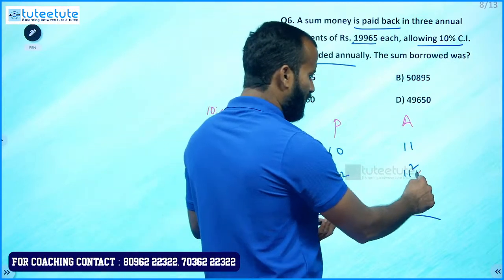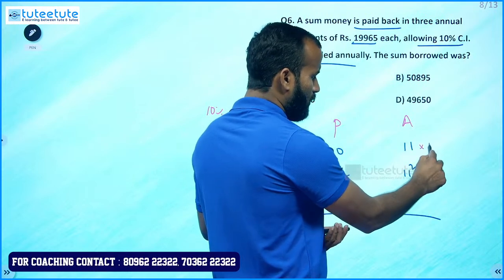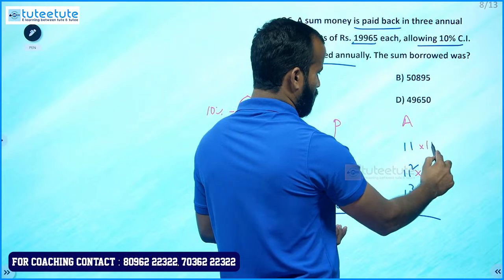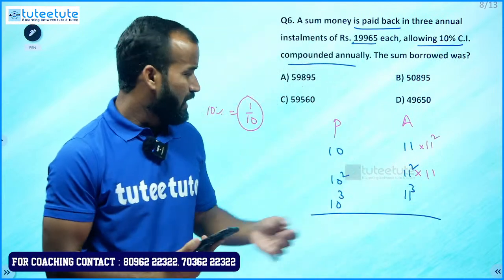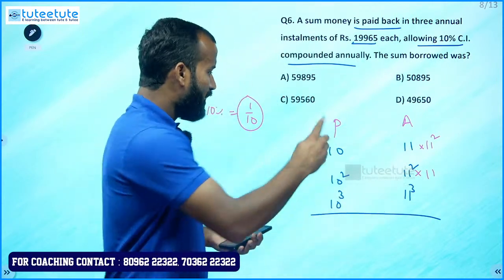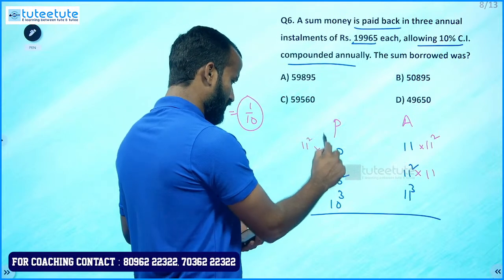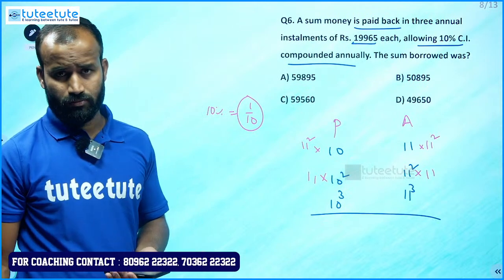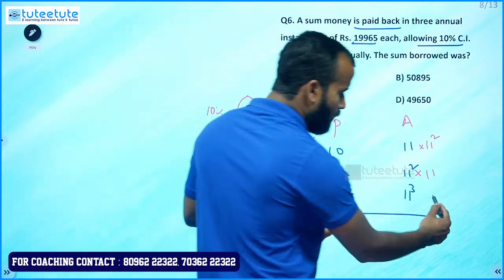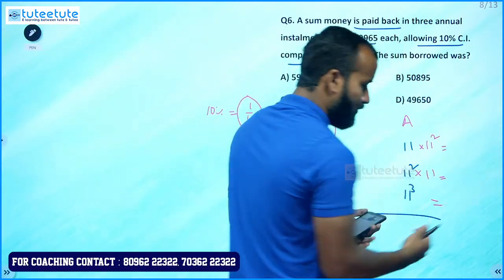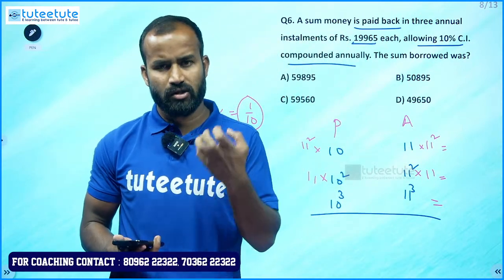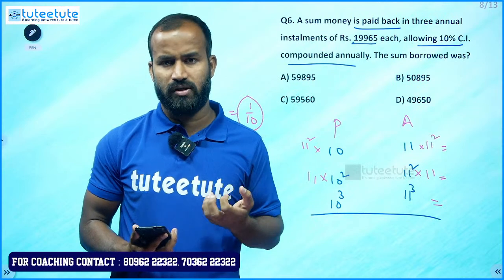If I multiply with 11, it will be 11 cube. If I multiply this with 11 square, again 11 cube, 11 cube, 11 cube. I multiplied here 11 square, here also I have to multiply with 11 square. Here I multiplied with 11, I have to multiply with 11. So 11 cube you have to know. In our speed maths course, we discussed how to learn squares, cubes, prime numbers, divisibility rules.